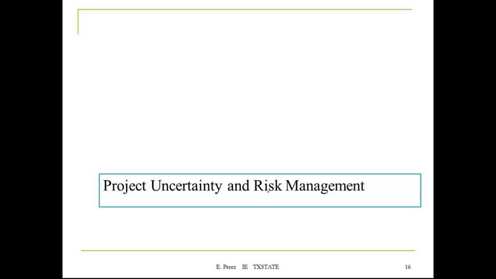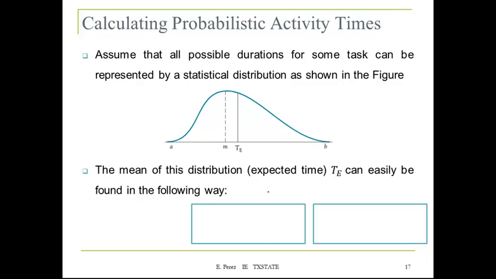It could give you an idea, but you are not 100% sure that that's what's going to happen. So that being said, we're going to look at project uncertainty and risk management. And this part of the lecture will actually use part of the material that you learned in probability and statistics or engineering statistics in IE 320.